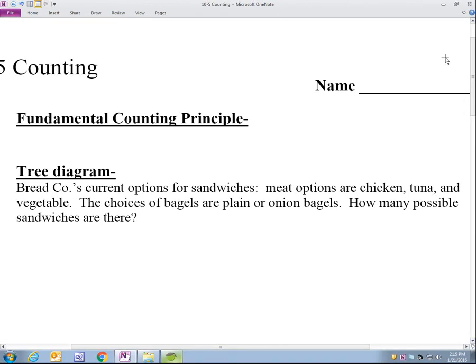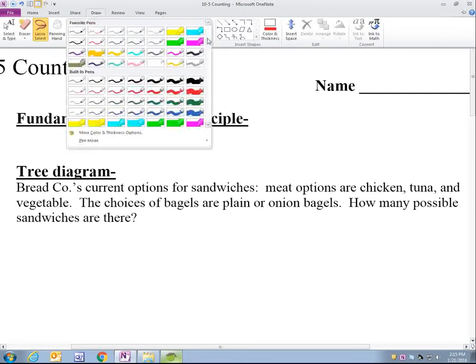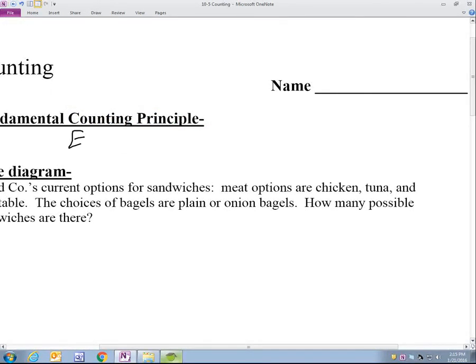You should have the events capital M and capital N. Then the number of ways is lowercase m and lowercase n. So if you haven't had them be uppercase and lowercase, they need to be. There's a difference.